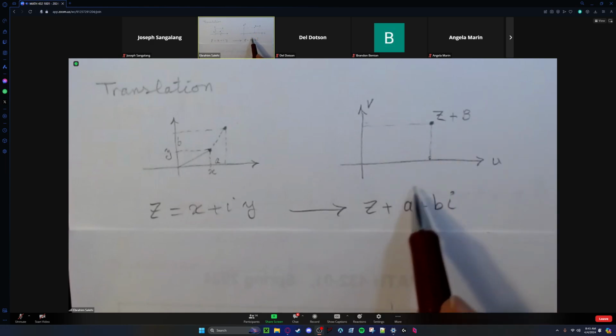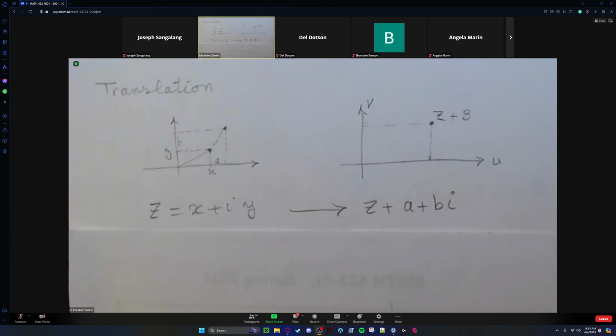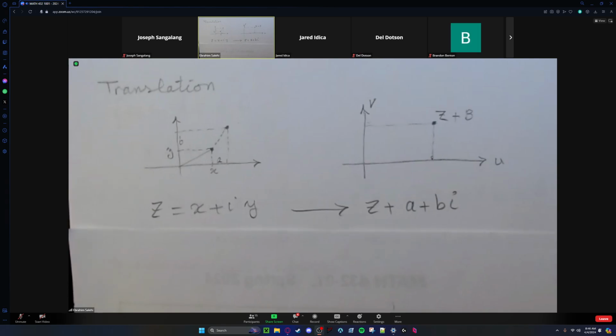All right, this is b. This is called translation. We move a point or a region parallel to x-axis and parallel to y-axis. All right, the motion is always parallel to x-axis, parallel to y-axis.